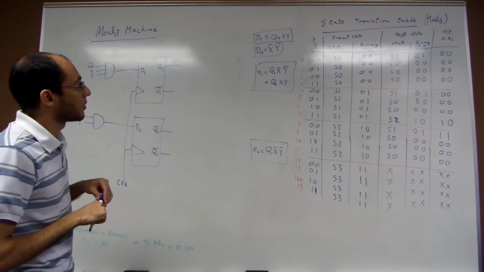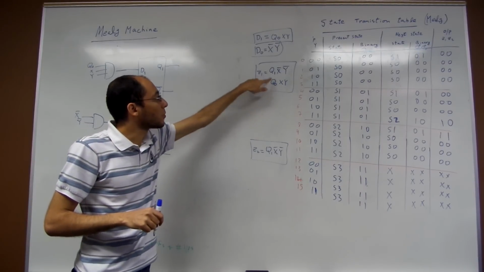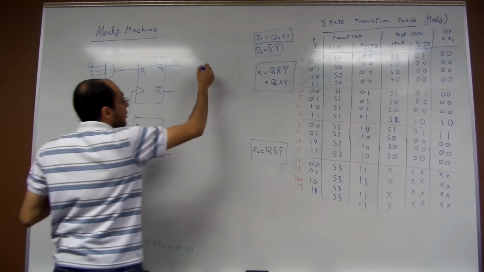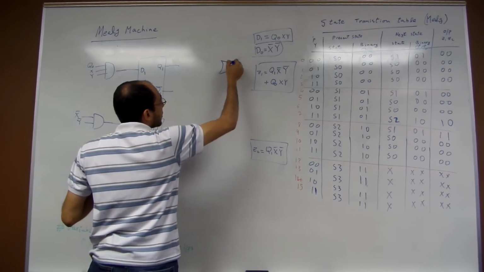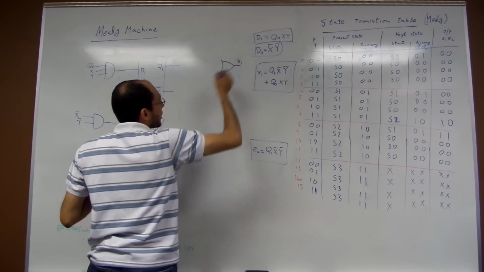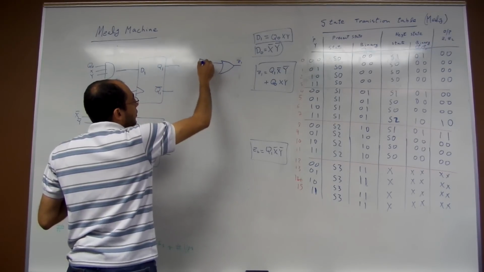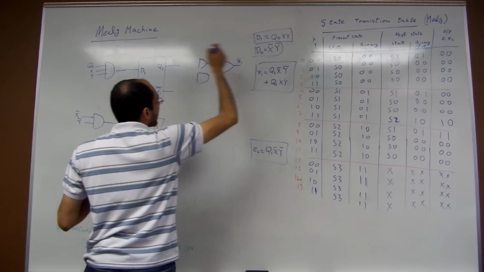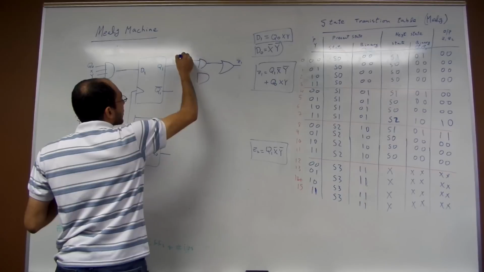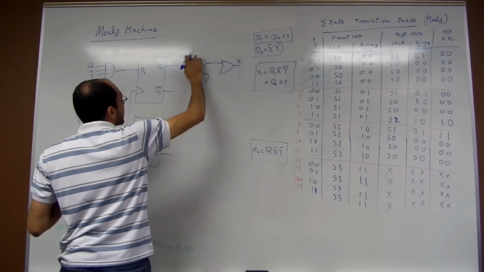What about the Z1? Z1 is the output, and it is an OR-ing between two terms. The first one is Q1 X bar Y bar, so that's Q1.